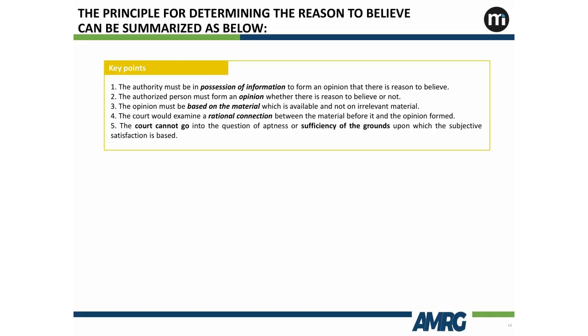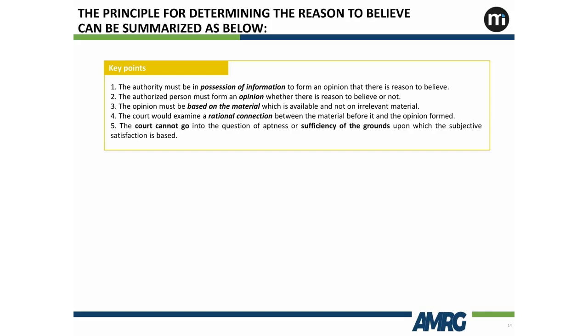It's not that there should be no connection between material available and reasons to believe. So the material available is that the person is not raising e-way bills, but he has formulated an opinion that the value is incorrect. So both should have a nexus. Fifth point is very important. Court cannot go into the question of aptness or sufficiency of the grounds upon which the subjective satisfaction is based. So what courts can do, courts can see that the material is available. Courts can see that reasons to believe is available.